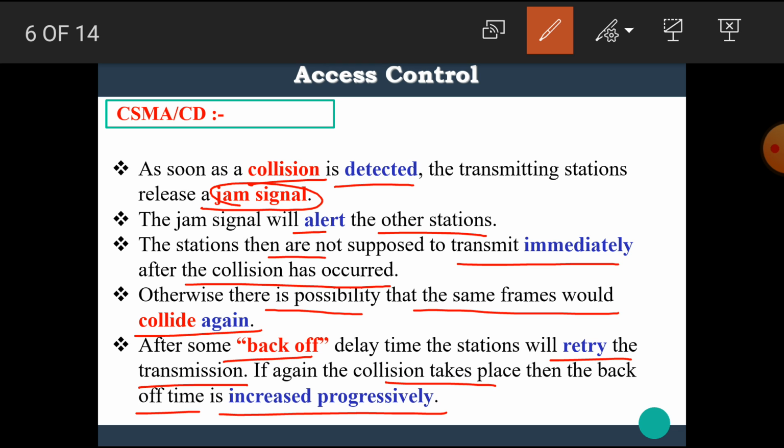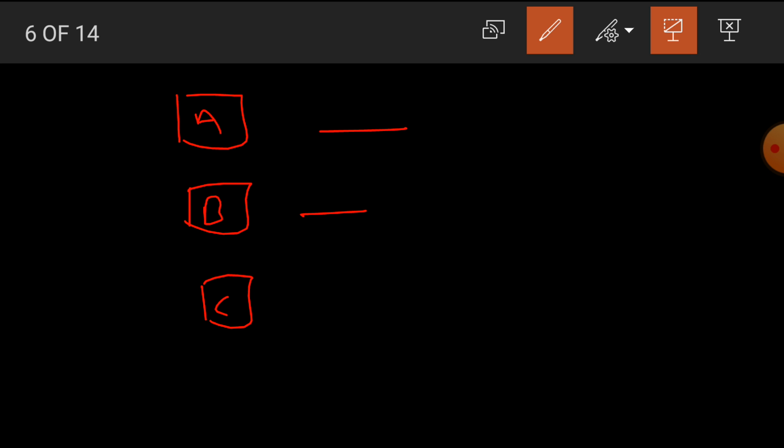That means in CSMA-CD, if station A, station B and station C want to transmit data, then they check the status of the channel.